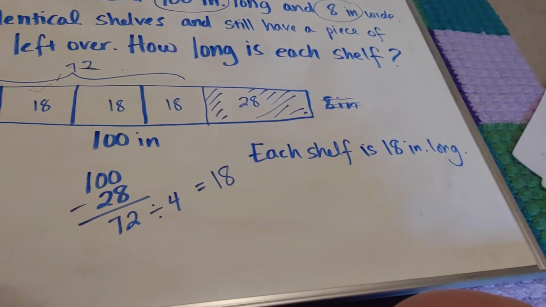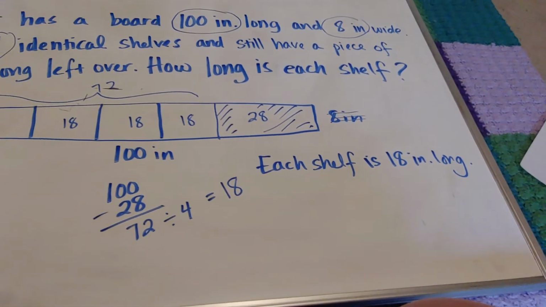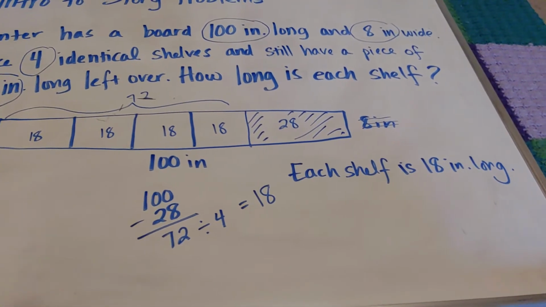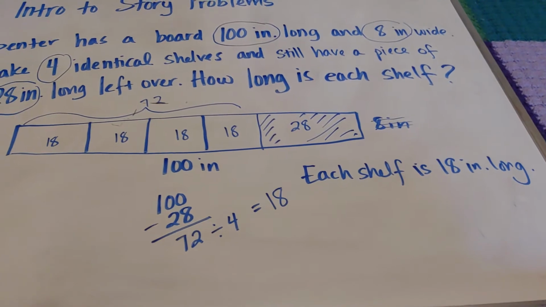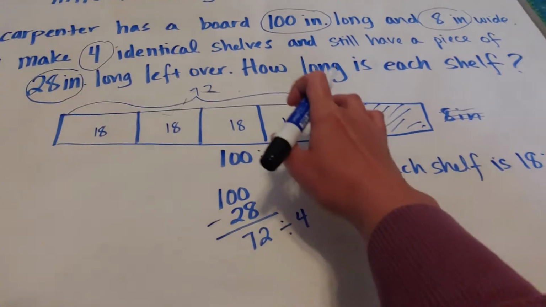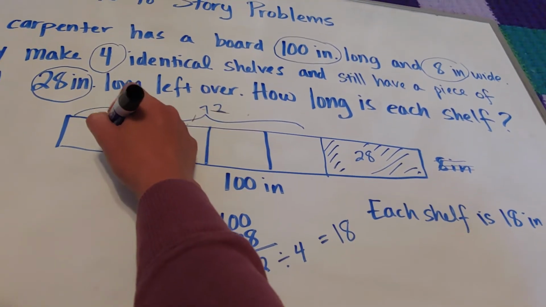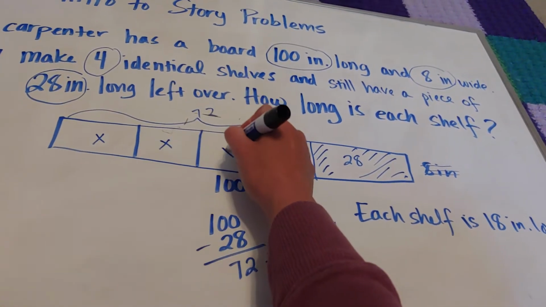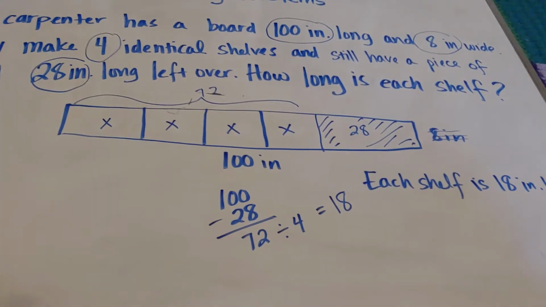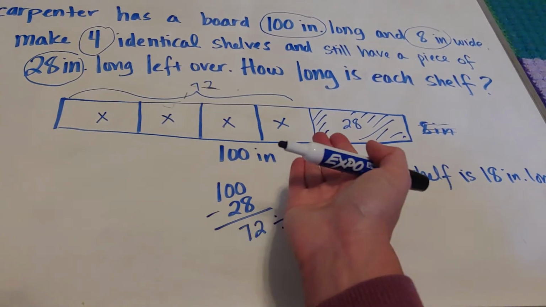Okay, now, for those who really enjoy algebra, maybe you're watching this video going, why didn't she use algebra? We have an unknown, and that unknown is the same over and over again.